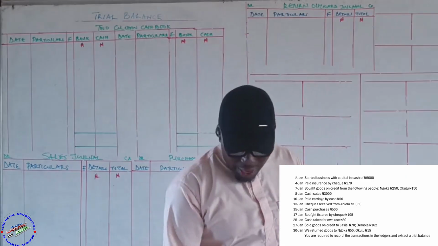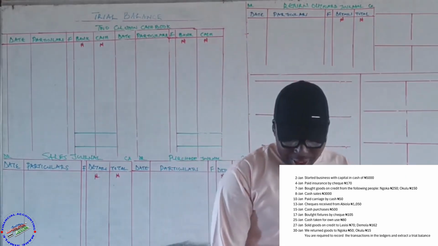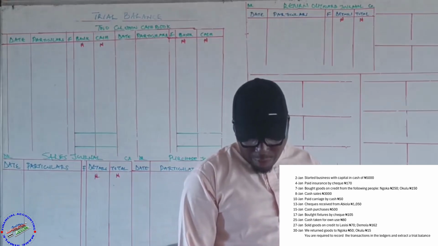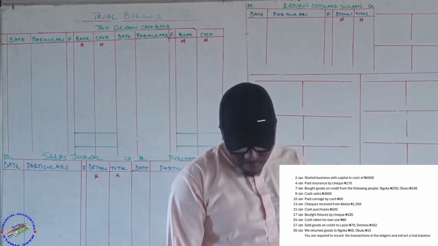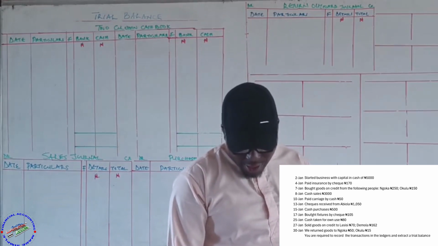Looking at the question we have here, we have a business that started January 2nd with capital in cash of 5,000 naira. January 4, paid insurance by check 170.